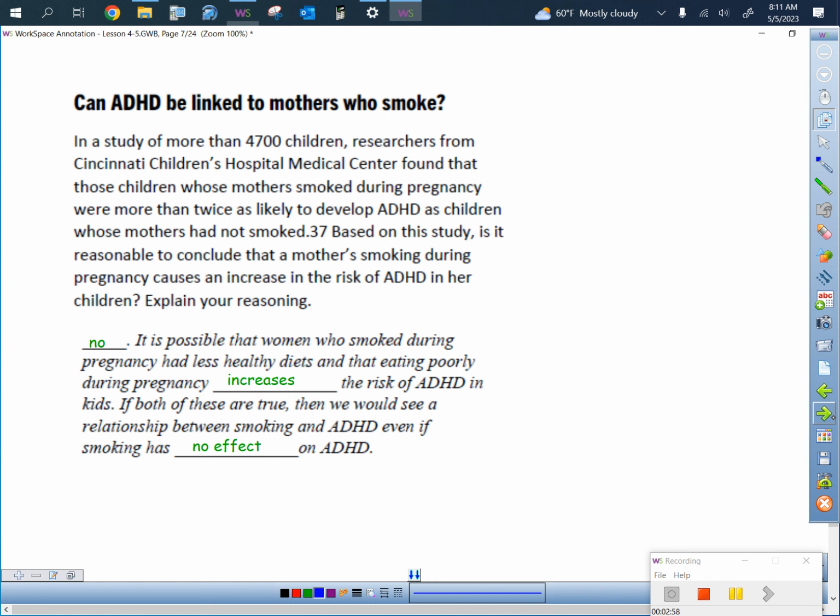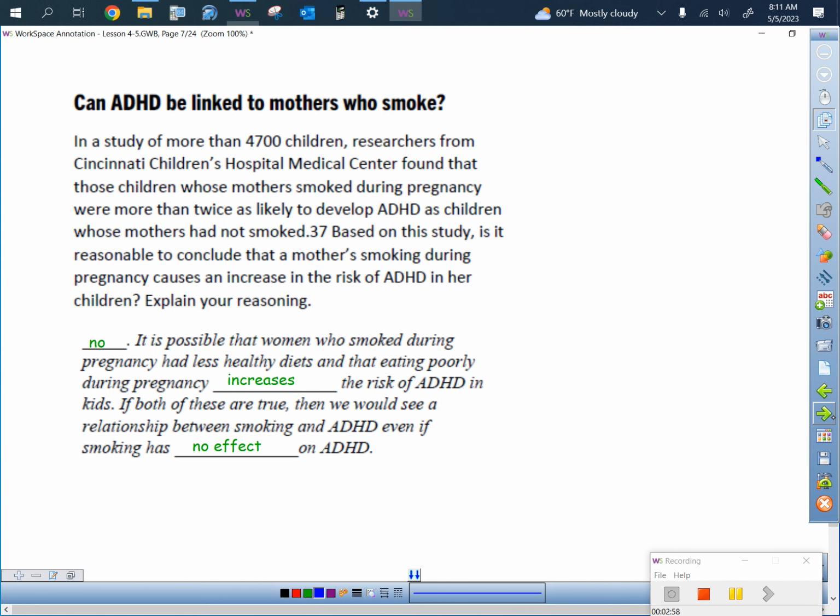And then they just make up a possible confounding variable. It is possible that women who smoked during pregnancy had less healthy diets. So that's just one confounding variable they mentioned. Maybe the people who smoked also didn't eat as well as the people who didn't smoke. It's not saying that's what happened, but it is a possibility. So eating poorly could increase the risk of ADHD.